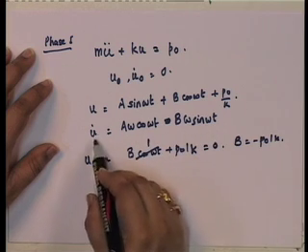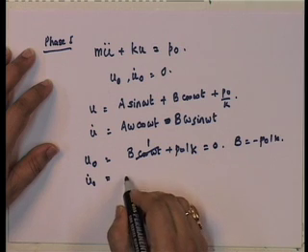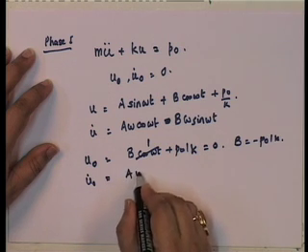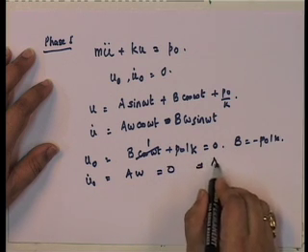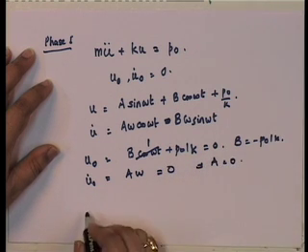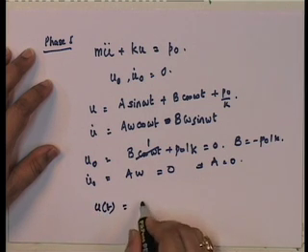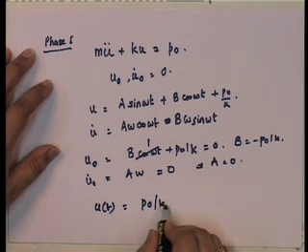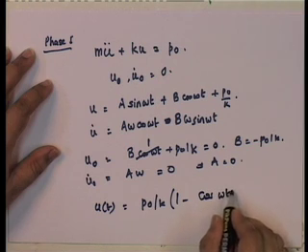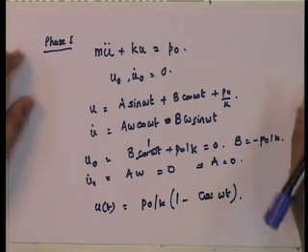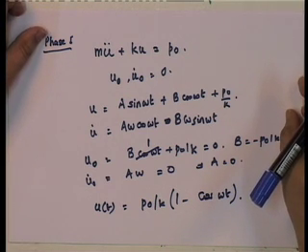Again, if we took u dot 0, it is equal to A omega, which is equal to 0. This implies that A equals 0. This implies that u of t is equal to P naught upon k into 1 minus cosine omega t.